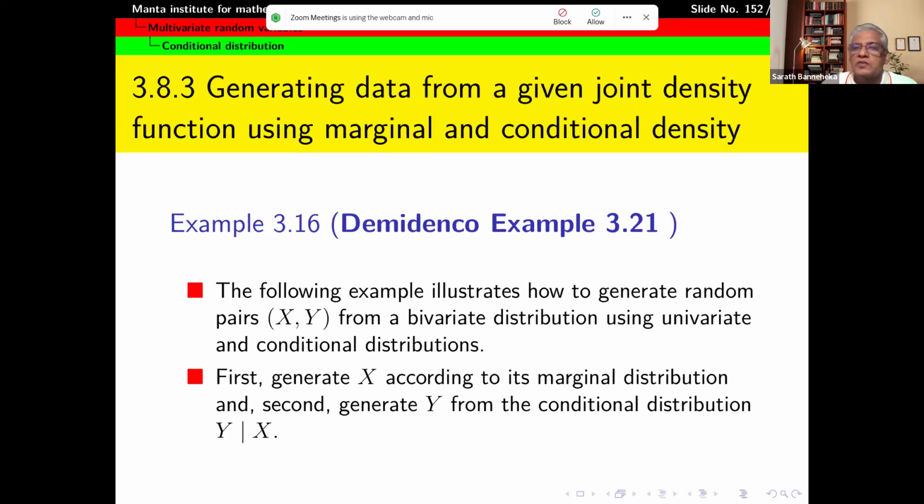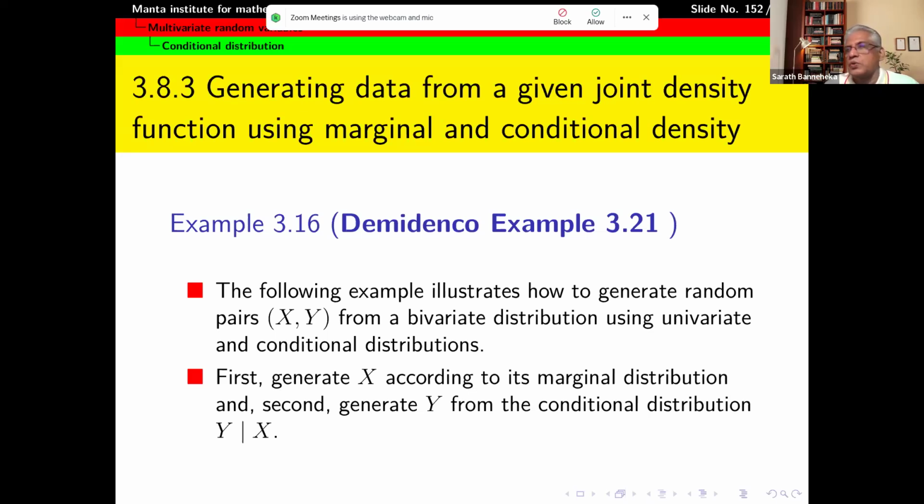The example that we consider is a somewhat simplified version, but you can apply the same idea for any other situation. What we need here is the conditional distribution of one variable given the other variable, as well as the marginal distribution of the given variable.